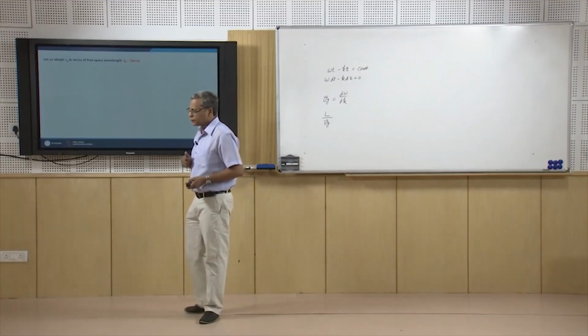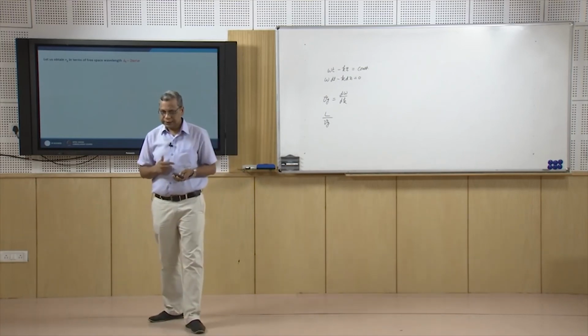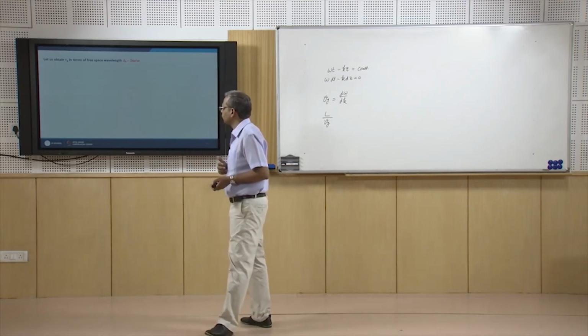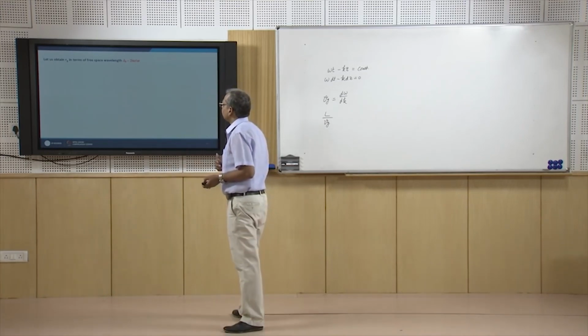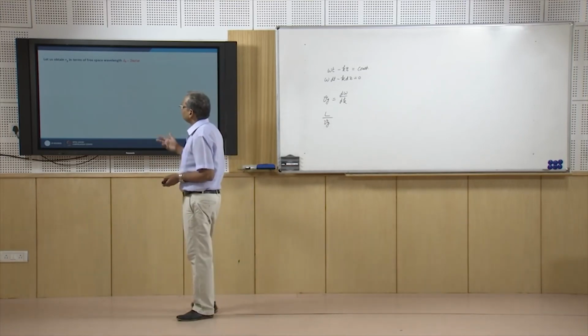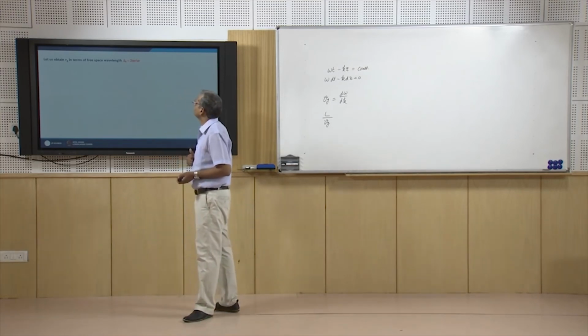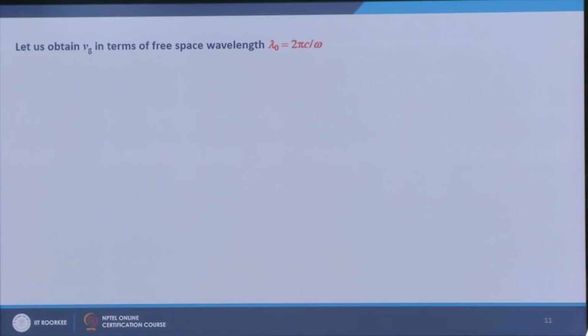And since in practical situations I always work with wavelengths instead of frequencies, let me obtain this Vg in terms of wavelength lambda naught. Lambda naught is given by 2 pi c over omega.